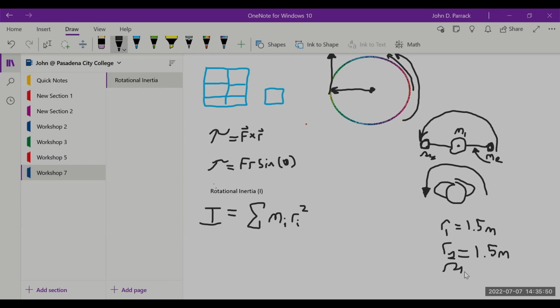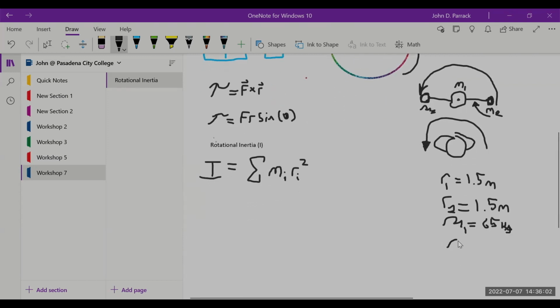Let's say M1, which you remember was my mass, is about 65 kilograms. And then we also have some additional mass. Mass 2 is equal to, I said 10 pounds, but let's make it 10 kilograms. I'm not trying to make you do conversions. And M3 is also going to be equal to 10 kilograms.